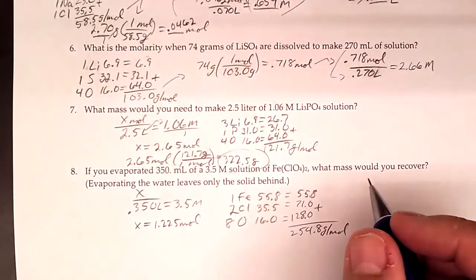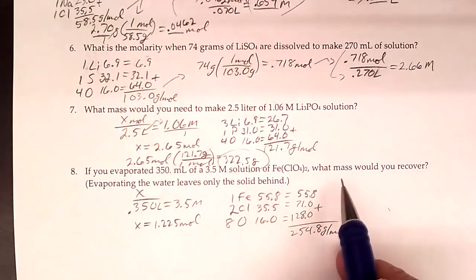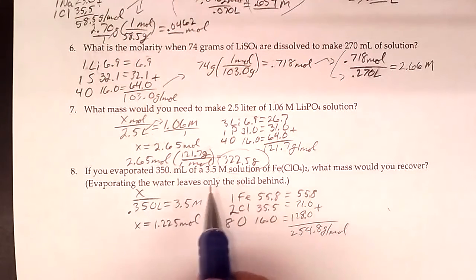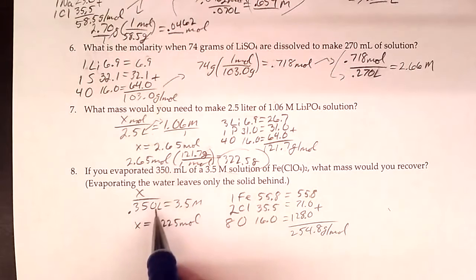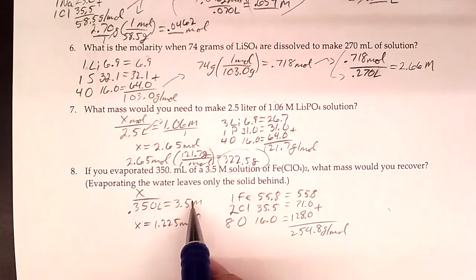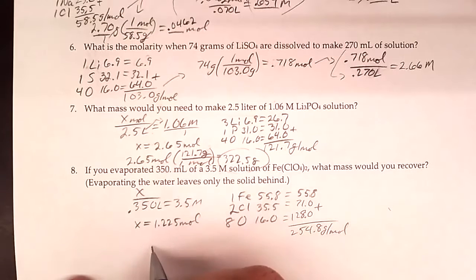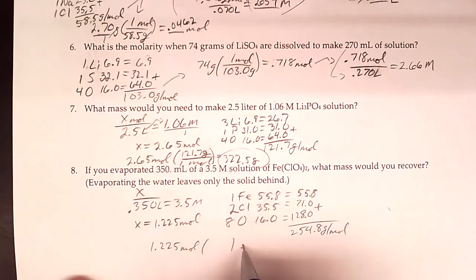All right. Now, why did I know to do that? Because I want mass in the end. And I know molarity. And I know, well, I know liters basically there. And again, I can multiply this times that and get moles. And now I want to convert my moles to grams.